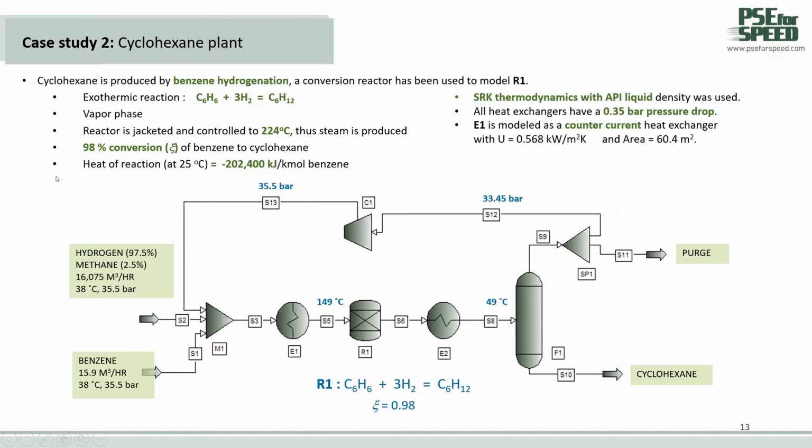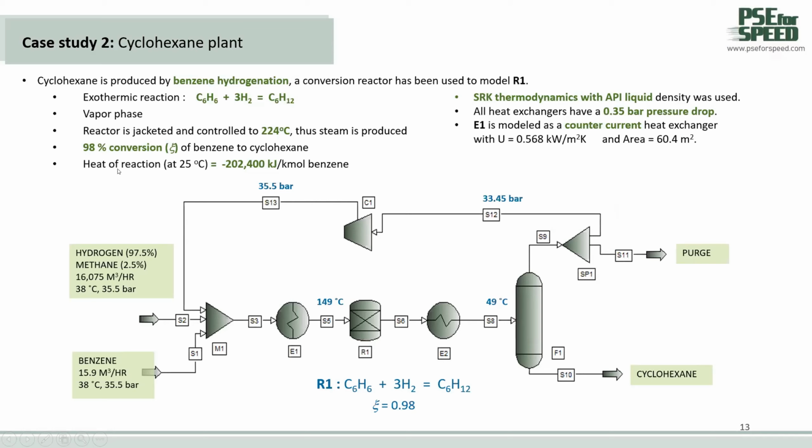So steam can be generated by the jacketed reactor. 98% conversion of benzene to cyclohexane can be obtained. The SRK thermodynamics with the API liquid density was used in this process, and the E1 unit is assumed to have a heat exchanger area of 60.4 square meters.